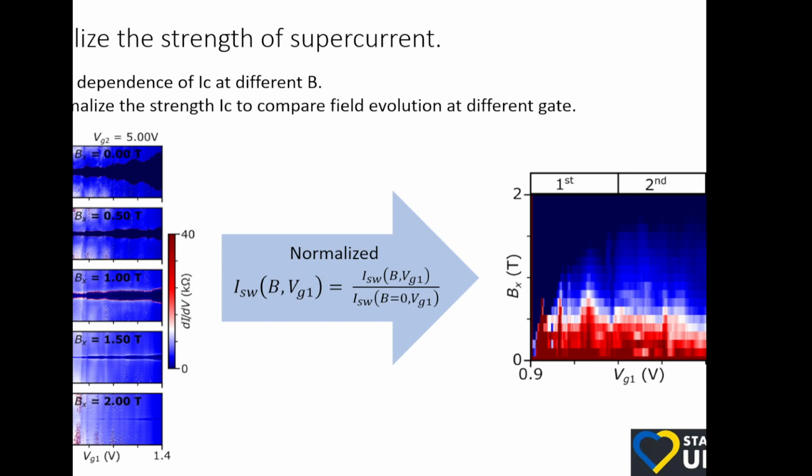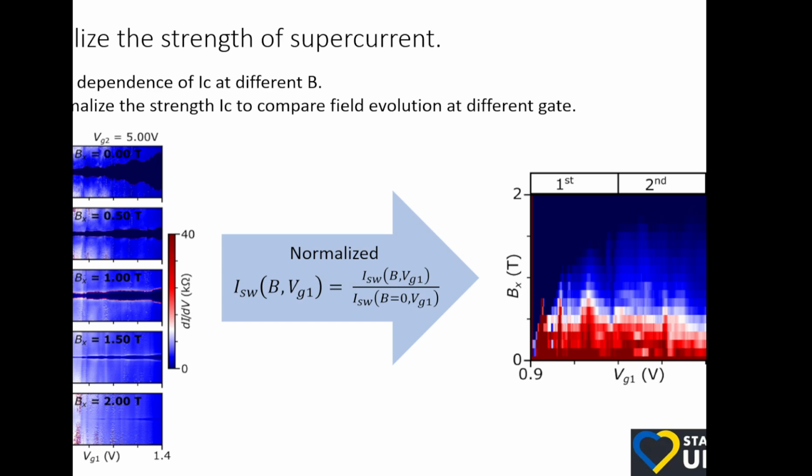So first of all, this is what happens in fields. So this is 0 field, a little bit of field, half a Tesla, 1 Tesla, 1.5 Tesla, 2 Tesla. By 2 Tesla, it's largely gone. You see a tiny trace here, there's a little bit of signal, but this is the kind of signal that's impossible to study, because this is just a little remnants.